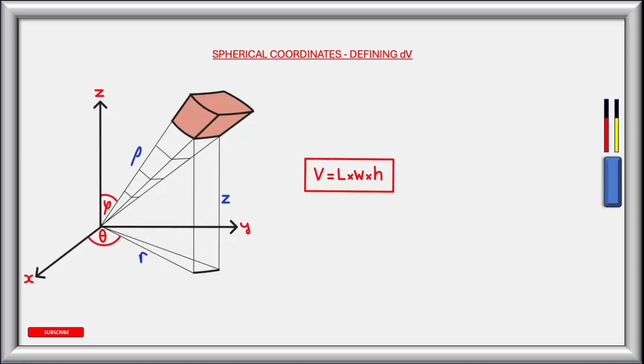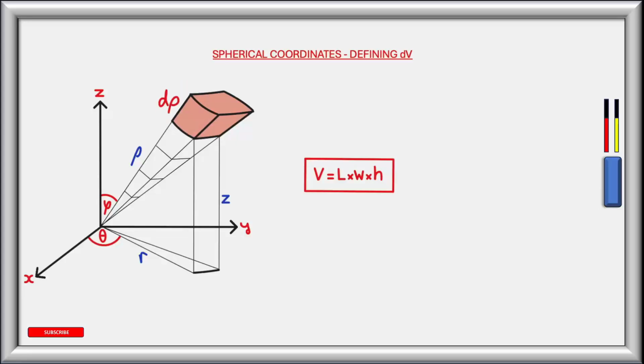We can see that the height dimension, circled here, is along the radial distance ρ, and is represented by an infinitesimally small piece of ρ, which we call d ρ.